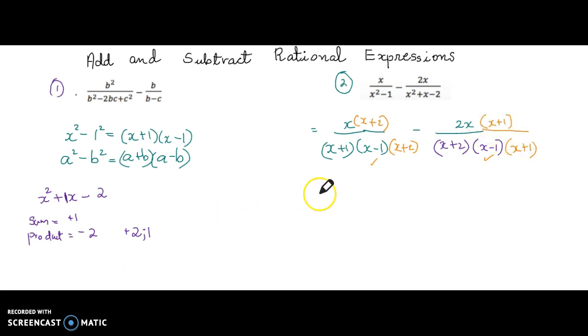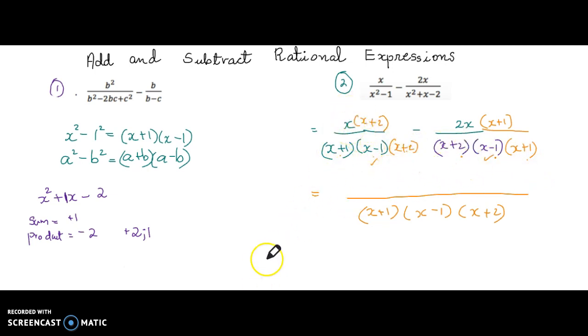Now we have the same denominator on both sides: x plus 1, x minus 1, and x plus 2.